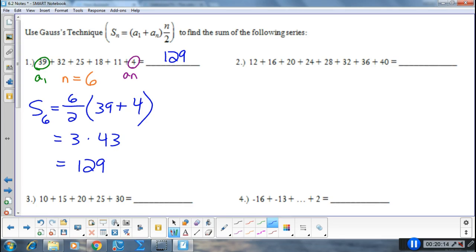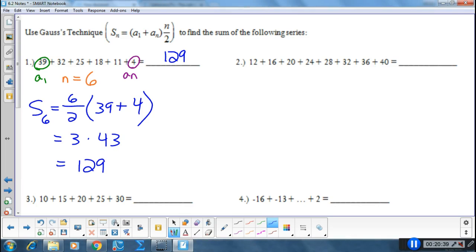Quick check, because there's only 6 terms. 4 plus 11 is 15. Plus 18 is 33. Plus 25 is 58. Plus 32 is 90. Plus 39 is 129. So it works out. Okay?